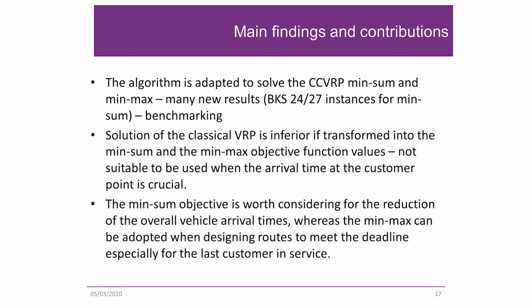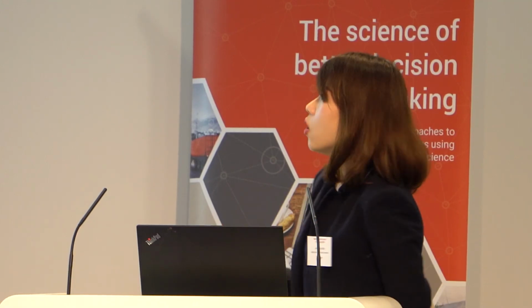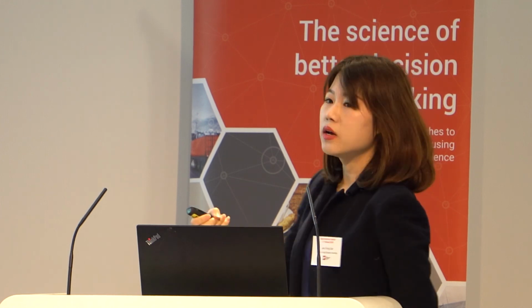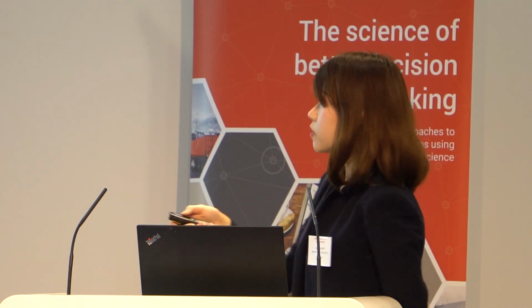Now, we also convert the solution from the classical VRP into the min-sum and the min-max objective function. And we found that when we convert the solution of the VRP into the CC-VRP, the solution is inferior. That means that the VRP is not suitable to be used when the arrival time at the customer is crucial.